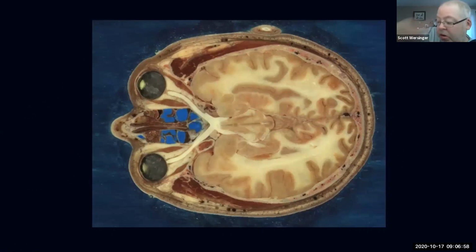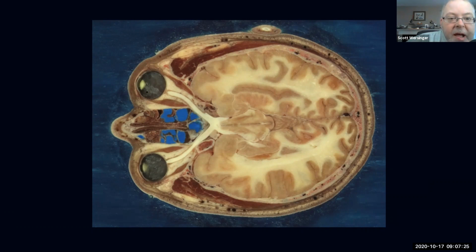All right. So this is a horizontal section through a cadaver. This stuff here is the brain. You can see here, this is gray matter of the cerebral cortex. This is white matter. You can see why we call it gray and white matter. It's distinct in a fresh brain. This is the skull.